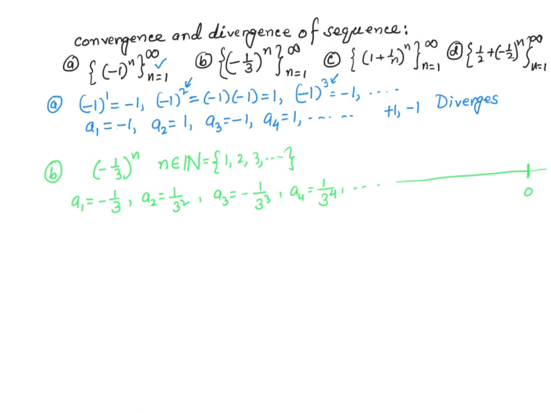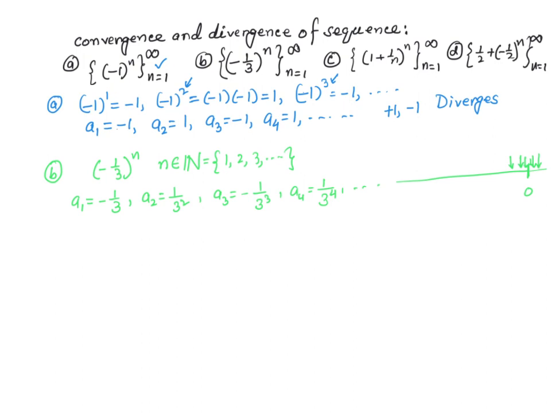It's going to be positive here, then going to negative, then back to positive, back to negative, and gets closer and closer to 0. As n increases, it gets closer and closer to 0. So therefore, it converges to 0.